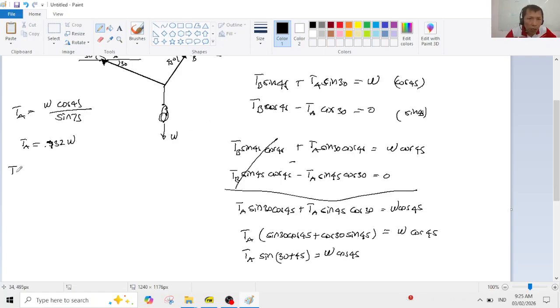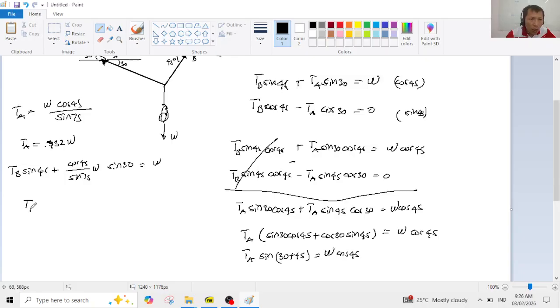You have TB sine 45 plus your TA, which is W cosine 45 over sine 75, times sine 30.